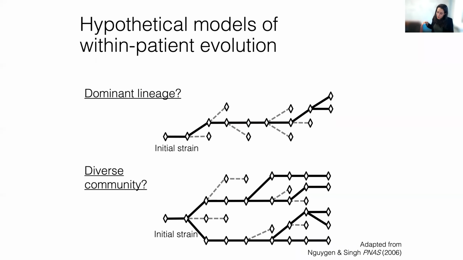Alternatively, bacteria with adaptive mutations could rise in frequency in the population, but because no one genotype is necessarily better than another, they could coexist for a long period of time. Or maybe because they're separated in space, or maybe they're slightly functionally different, right? But for some reason or another, they could coexist. And we think that the second model is true for a lot of different bacteria, both in health and disease.